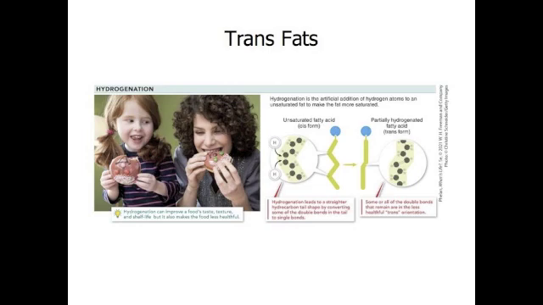Unfortunately, hydrogenation also makes food less healthful because it also creates what we call trans fats, with the word "trans" referring to the unusual orientation of some or all of the double bonds that remain following the addition of the hydrogen atoms. Because of these bonds, the trans fats are less reactive. Your body is less likely to break them down, and so they are more likely to accumulate in your blood vessels.